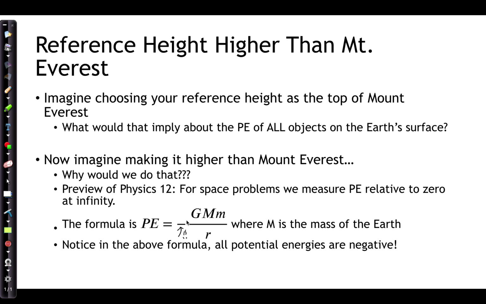What that negative means is that in this reference frame, all potential energies are negative, because we're putting h equals 0 at infinity, which isn't really a place. Just imagine any distance you can, and infinity is farther. It doesn't really end.